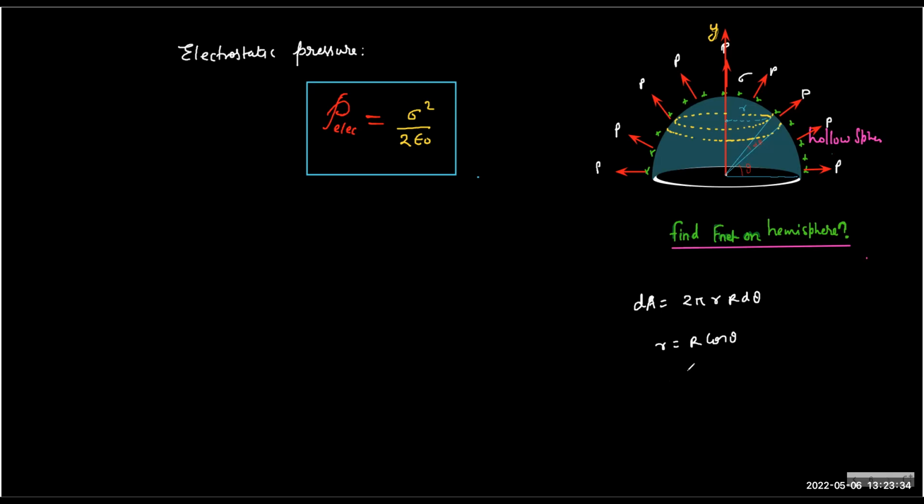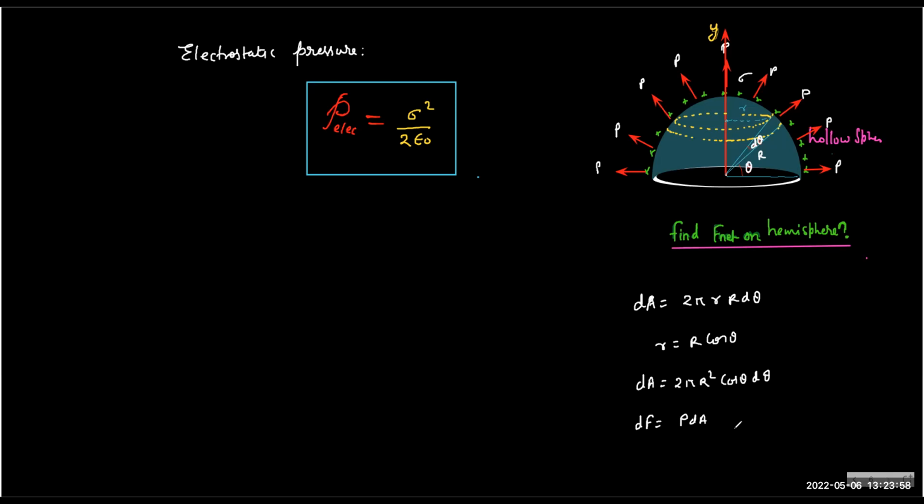We have done this many times in the past. So the area is 2 pi R square cos theta d theta. This is the mathematical way. I'll tell you how to do it without all this calculation. Now we got the area.